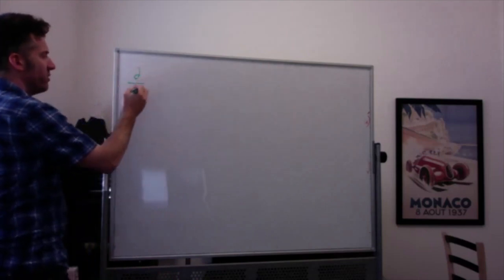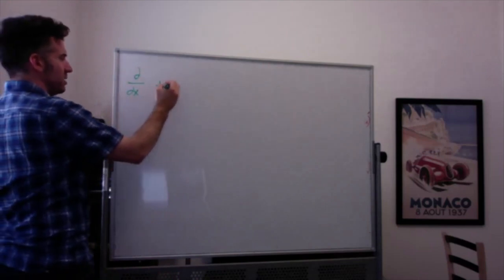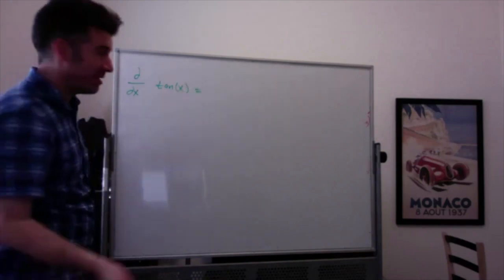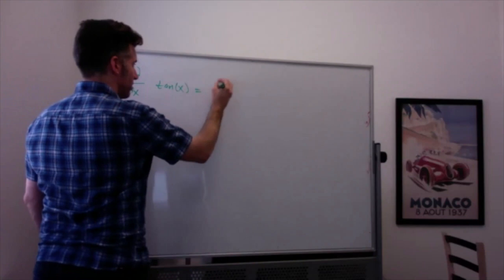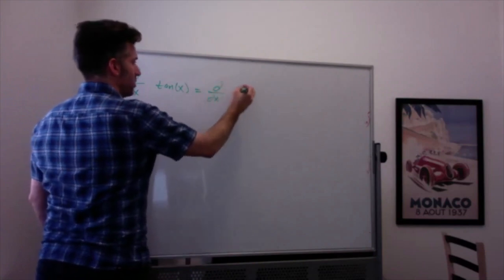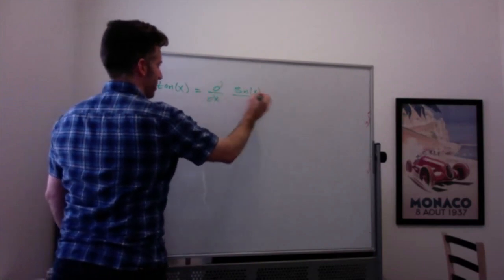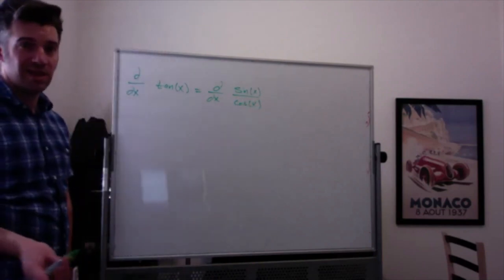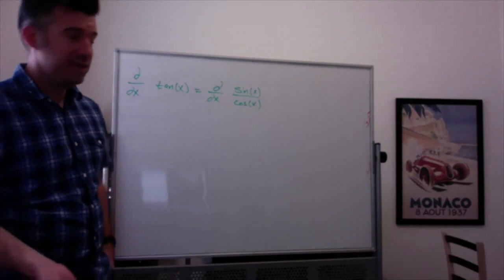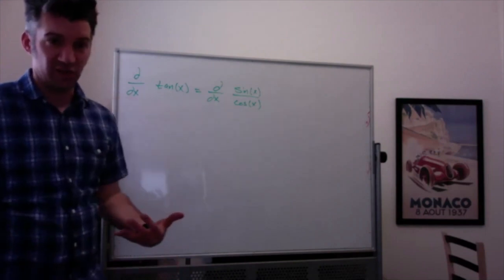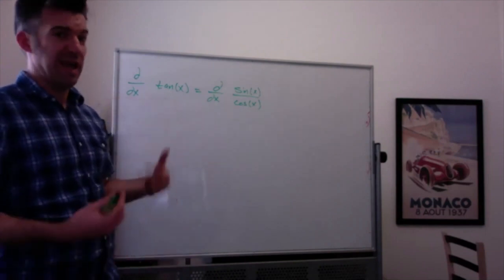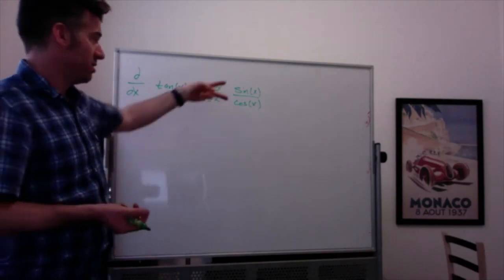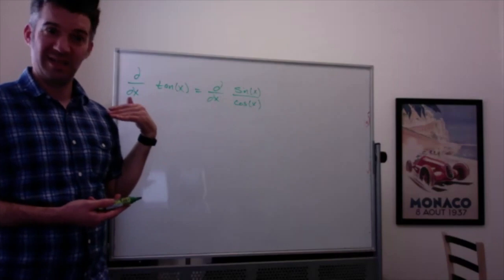So let's find the derivative of tangent of x, which we are going to write as the quotient sine of x over cosine of x. It is certainly possible to take the derivative of tangent using the limit definition, but you'd have to use the funky angle sum formula for tangent. We don't want to do that. We want to use the knowledge we already have to make it easier for the rest of the things.